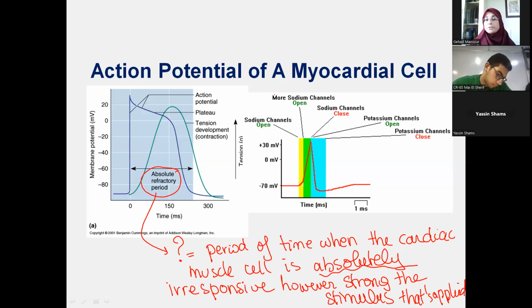Do you think that this longer refractory period is important for adequate cardiac function? Of course, in the regular muscle fibers, we have an absolute refractory period, but it is much shorter than in the cardiac muscle fiber. What's the importance of having a longer absolute refractory period and a plateau in the action potential of a cardiac muscle?